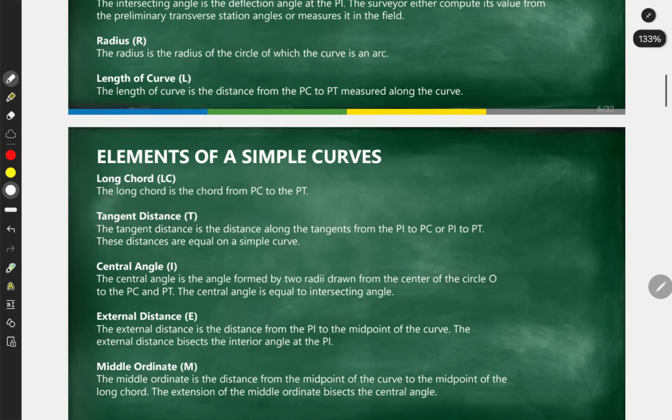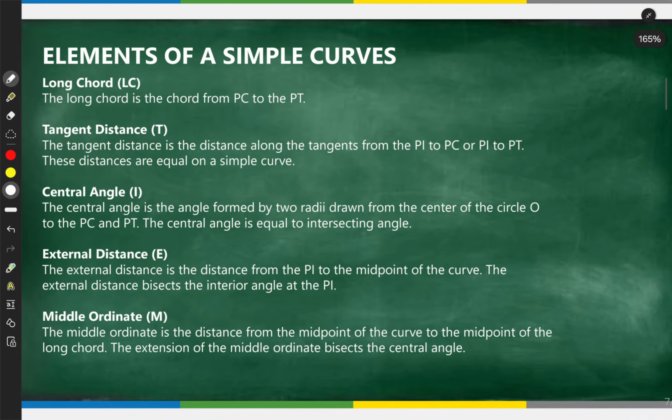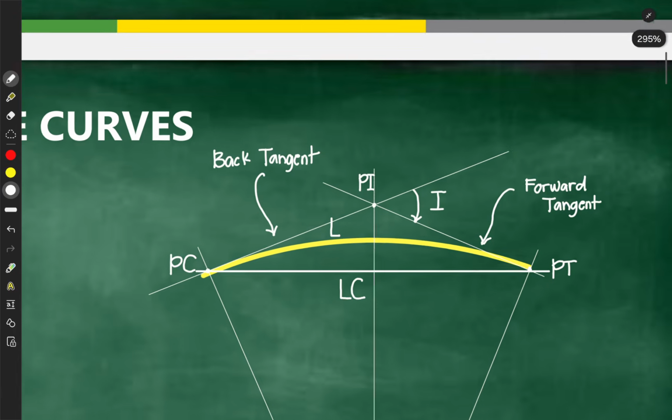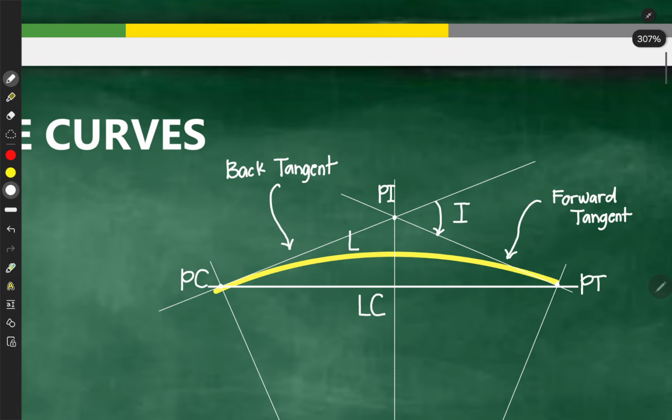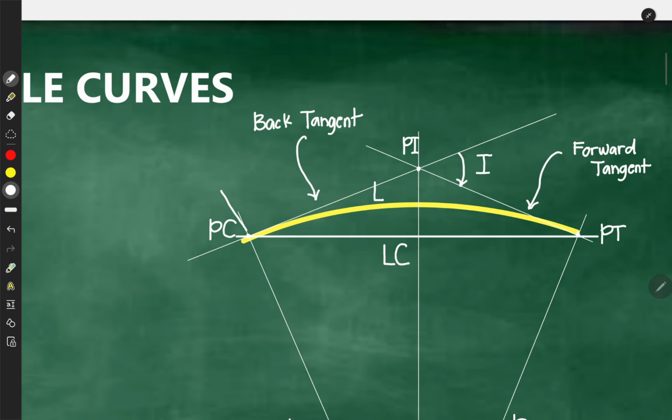Okay, next, we also have this tangent distance. The tangent distance is the distance along the tangents from the PC to PI or PI to PT. These tangents or these distances are equal on a simple curve. So we have this what we call our tangent, measured from here to dito, this is our tangent.